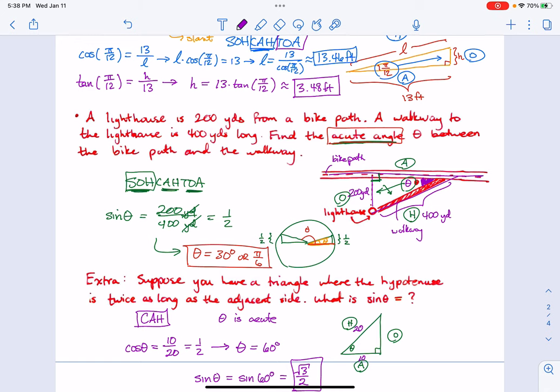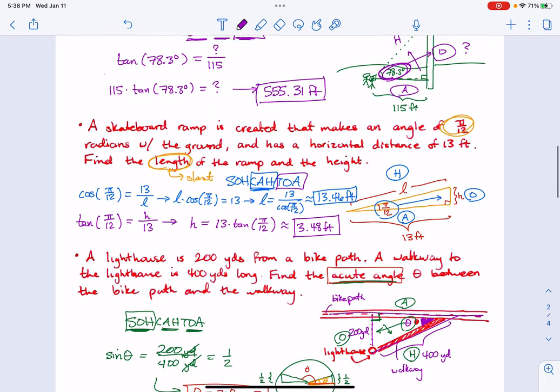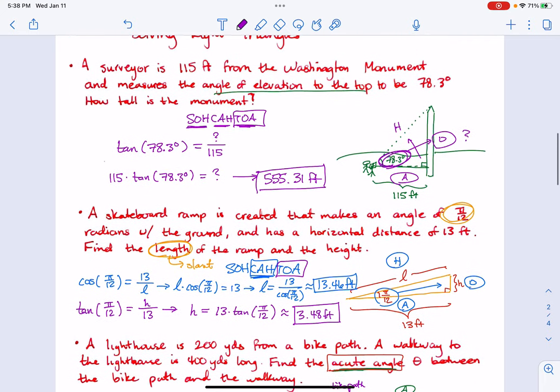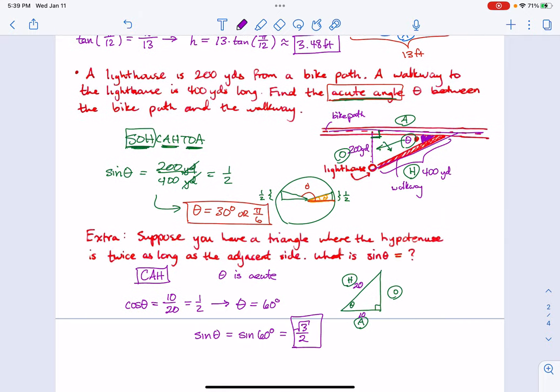And from that point on, you just need to use SOHCAHTOA, use the numbers they give you to find something that you don't know. That's really, as far as a step-by-step process goes, how I do every single one of these. I draw the picture, label the triangle, make sure I'm in the right mode, and use what you do know to find what you don't know.